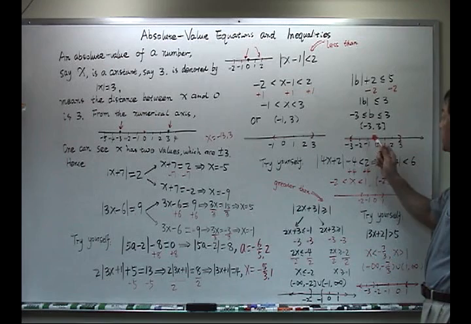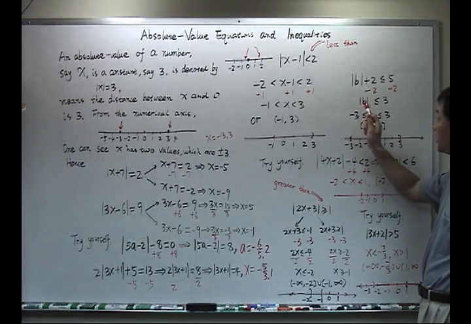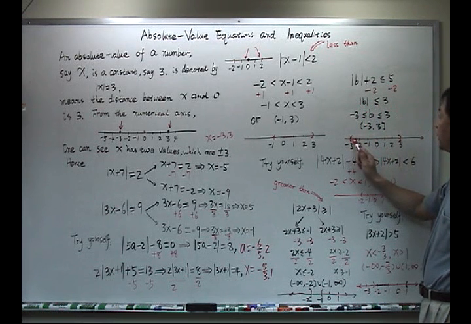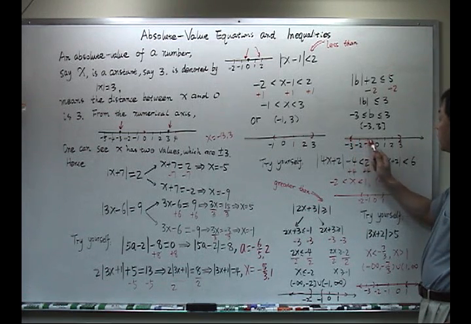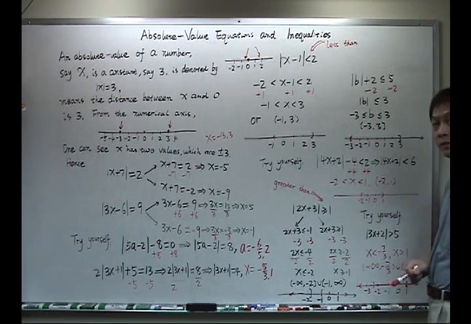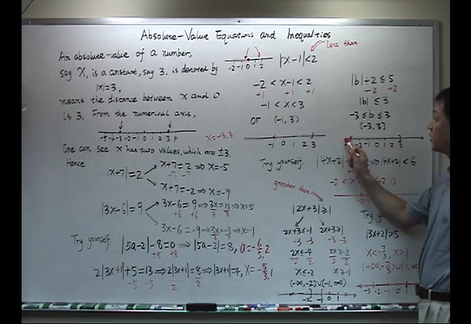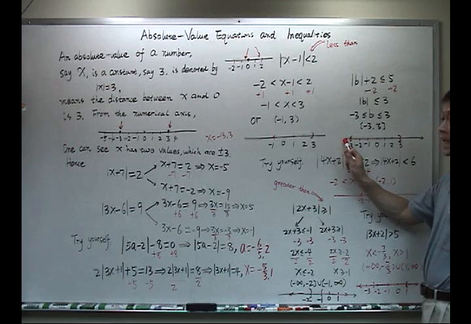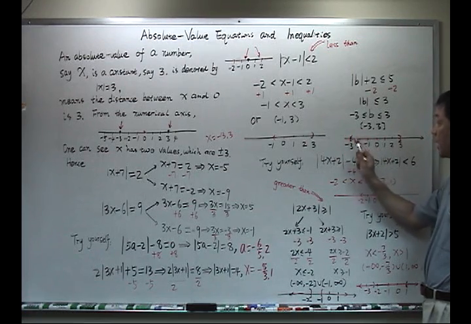Okay, because the distance between b, we don't know where b is, but we know the distance between b and 0 is less than 3. So any point from right-hand side of -3 up to 0, all the points right here are okay, but not the points on the left-hand side of -3. If the point were here, then the distance between this value and 0 is greater than 3, you can see.